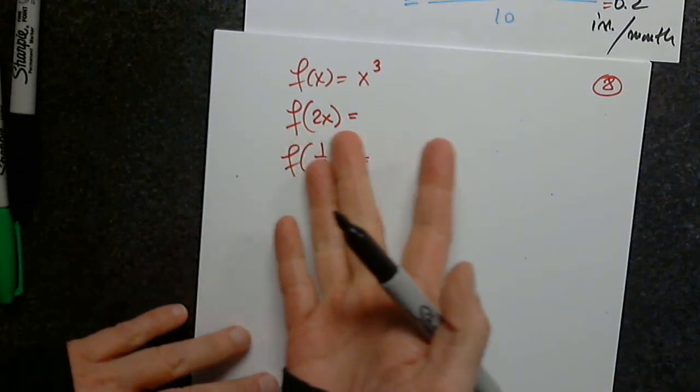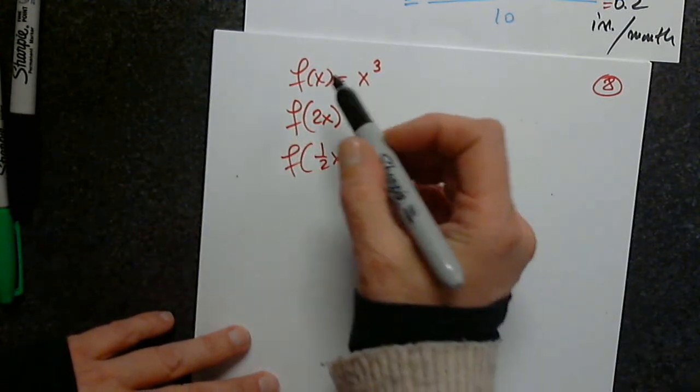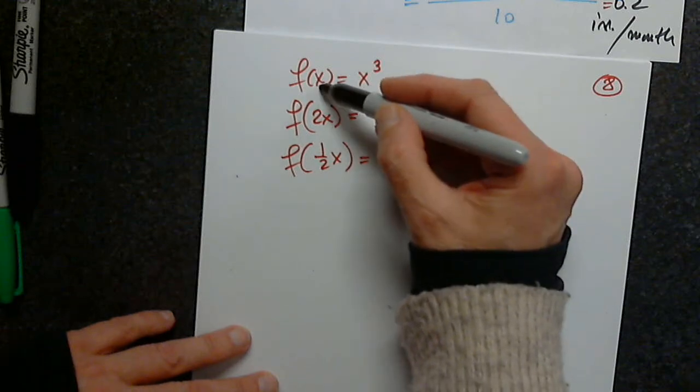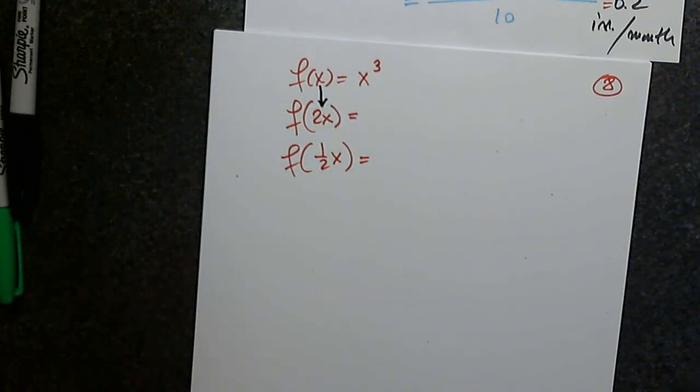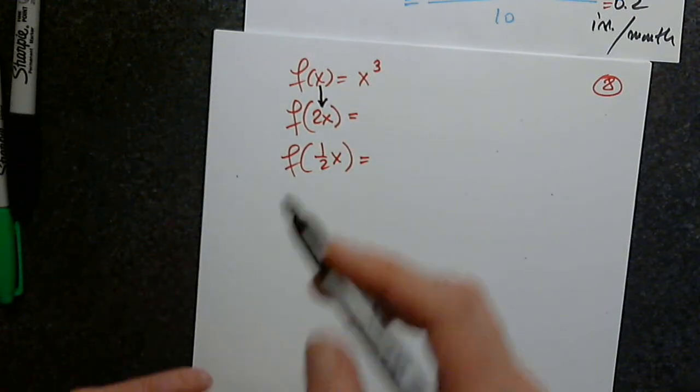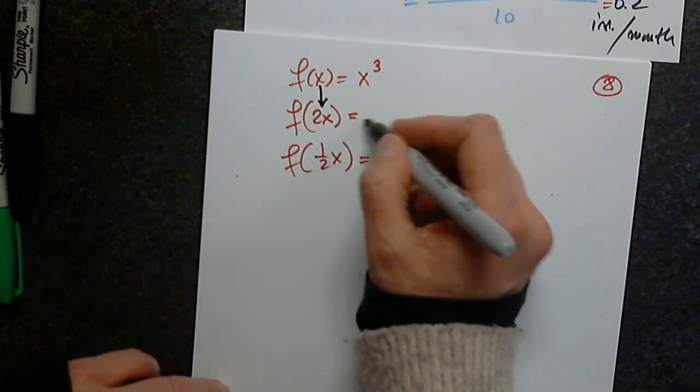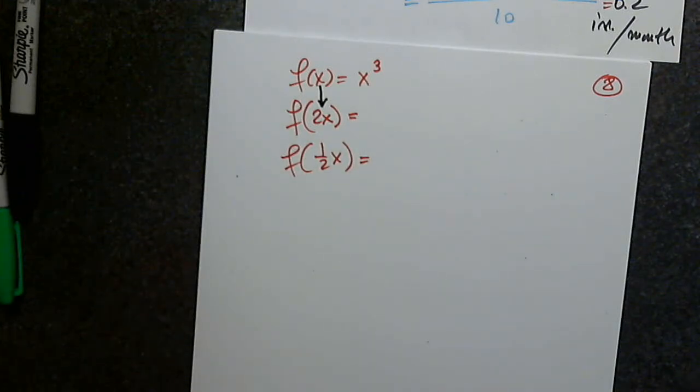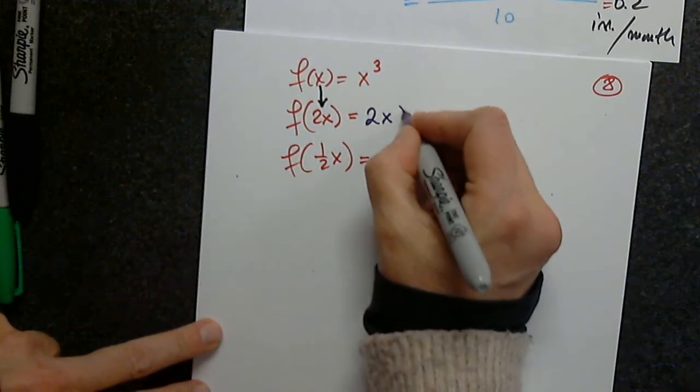Can anyone tell us how to determine this? The function is x cubed, and we want to change x into twice x, and then later on into 1/2 x. So can you please tell me what to write? Excellent. Like this, correct?